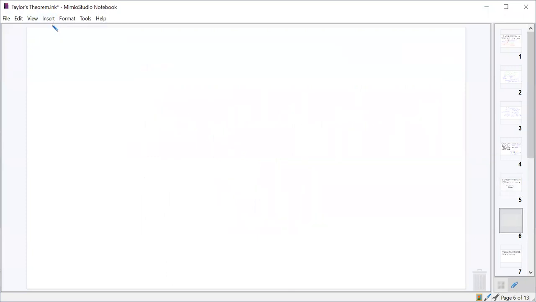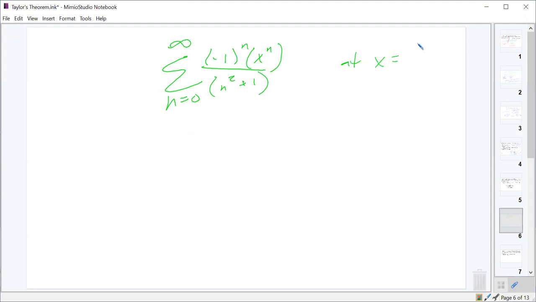How about we use the series -1 to the n over n squared plus 1, times x to the n, at x equals 1/2.